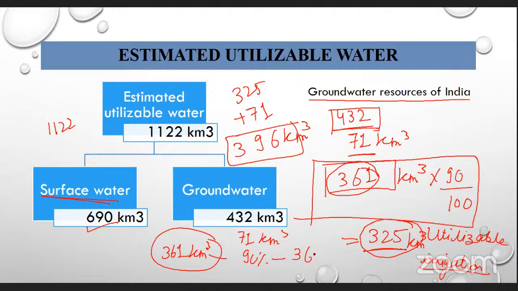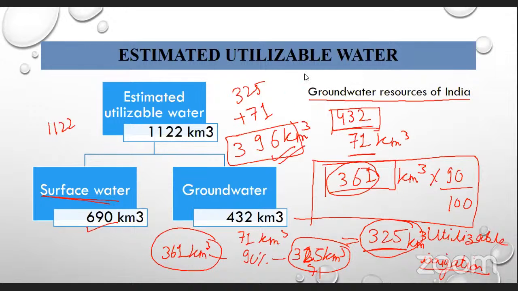So our value will be 325 kilometer cube of water, and this is known as the utilizable groundwater resources for irrigation. If we add the total utilization of groundwater resources, then 325 plus 71 gives 396 kilometer cube.